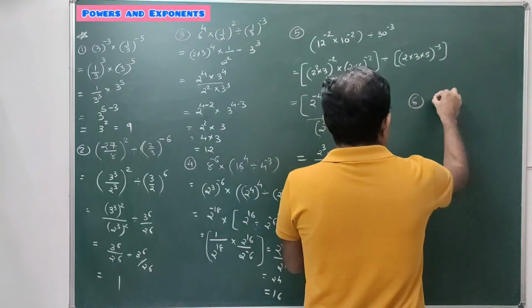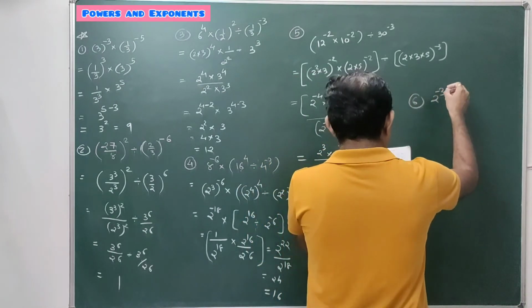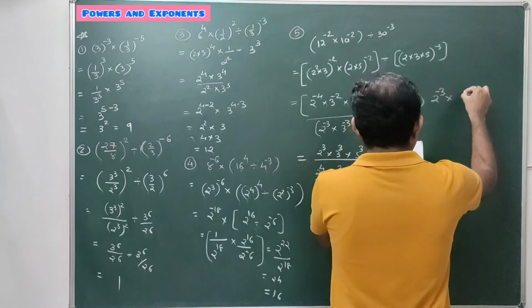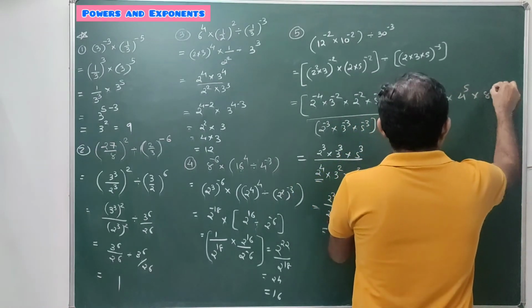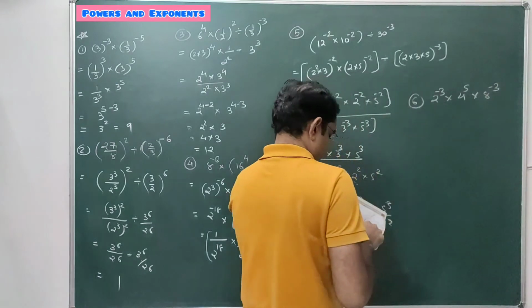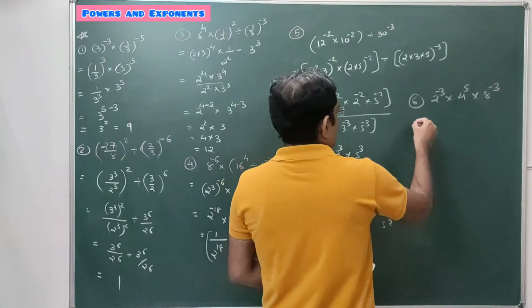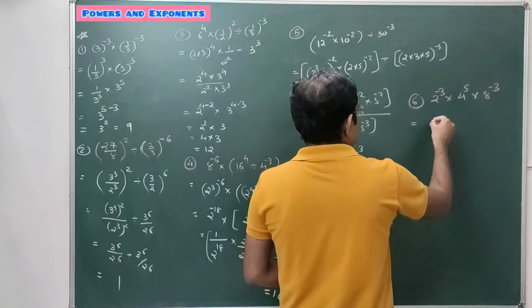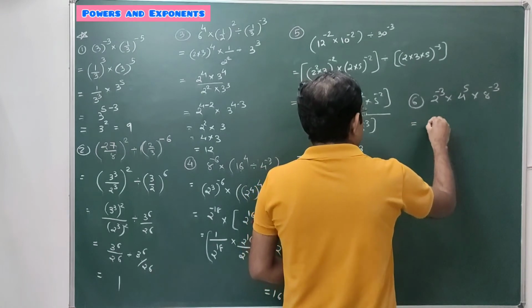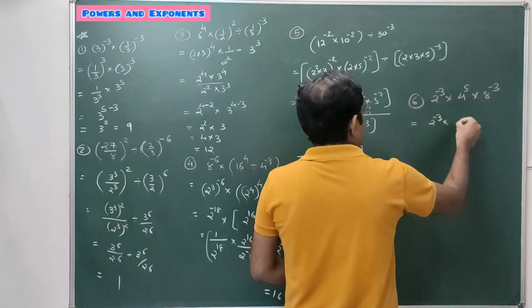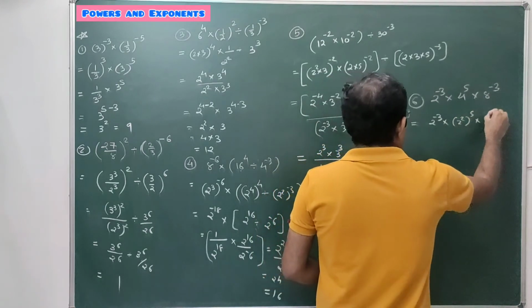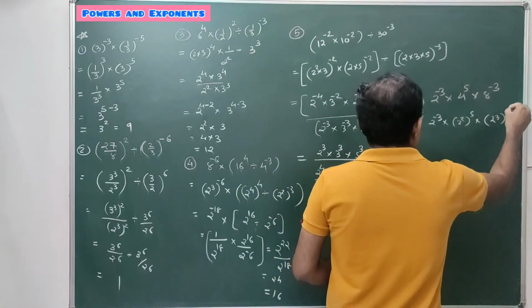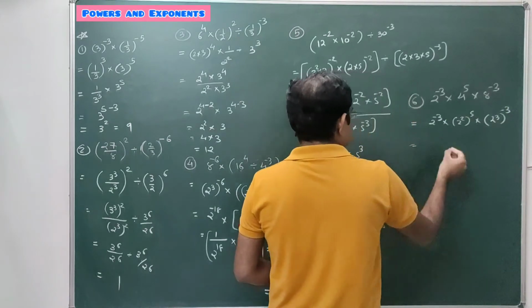So here it's 2 raised to minus 3 multiply by 4 raised to 5 multiply by 8 raised to minus 3 is given. Simplify this. So this is equal to 2 raised to minus 3 as it is. 4 को लिखेंगे 2 square raised to 5 into 8 which is 2 cube raised to minus 3.